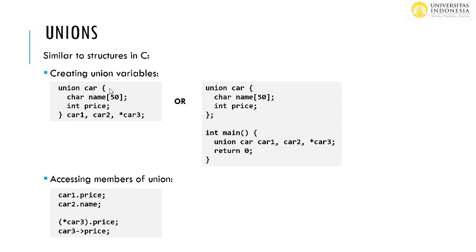Unions represent various formats. Like a structure, a union is also a derived data type, so you can collect all the members of your data in the same way as a structure. But there is a little difference between union and structure, because a union shares the same storage space.